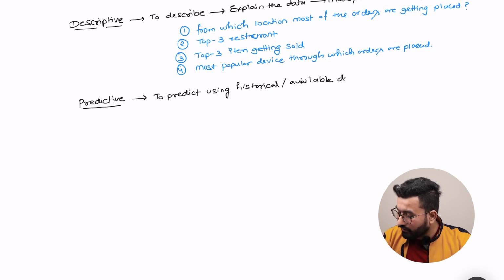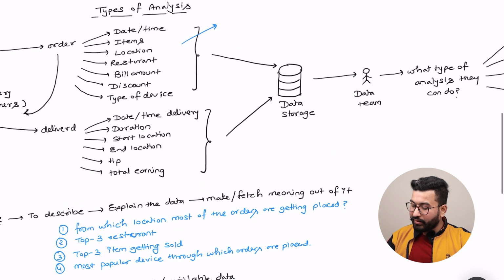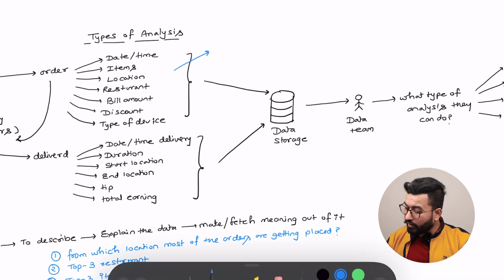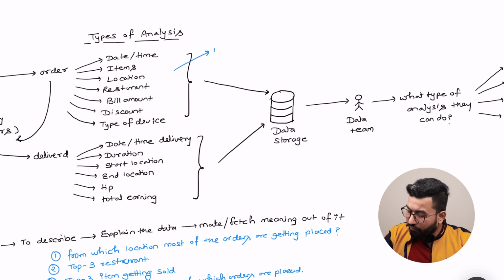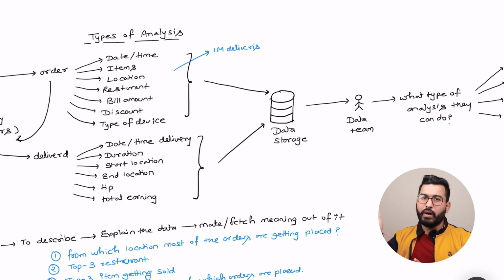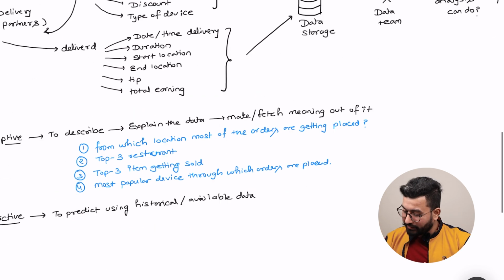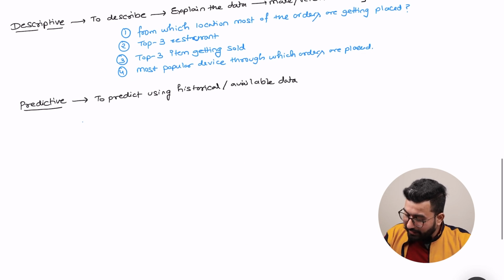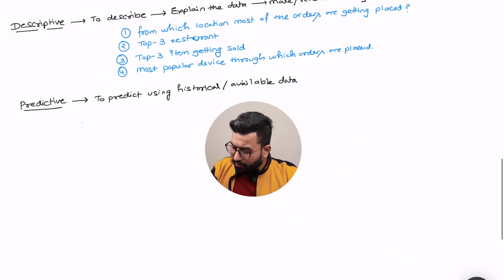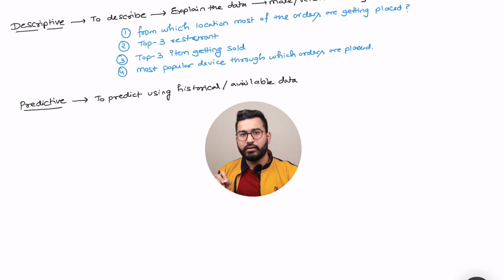Let's say I have collected this data for 1 million deliveries that happened in the past 1 year. Now, using this data, can I try to predict what will happen next? Or let me take a better example. Let's say Zomato has collected data for all the last 5 Diwalis that they have served.